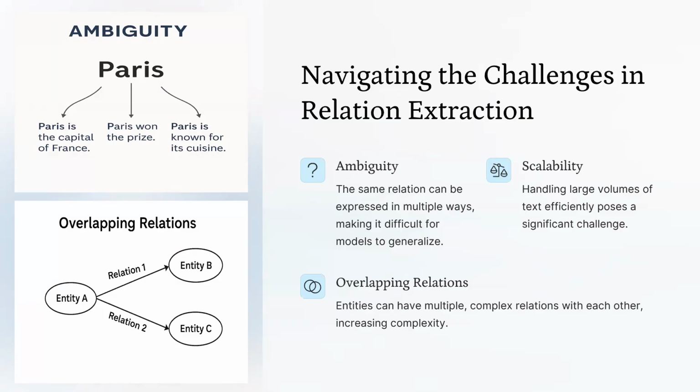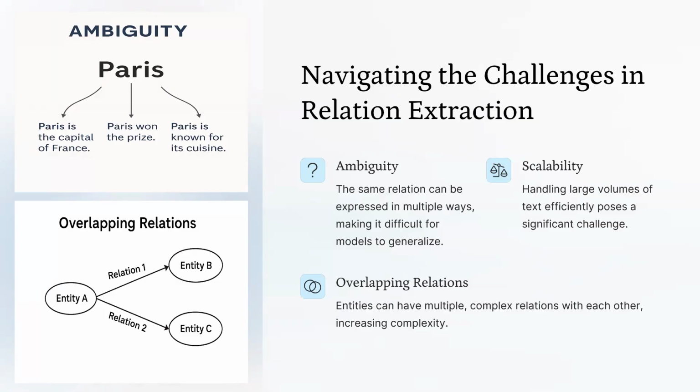Here you can see the word Paris has three different meanings in three different contexts. It can be the name of a place, the name of a person, or the name of a thing. So this kind of ambiguity is difficult for machines to interpret and is one of the major challenges in relation extraction.